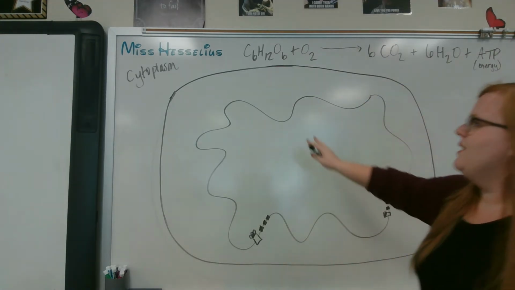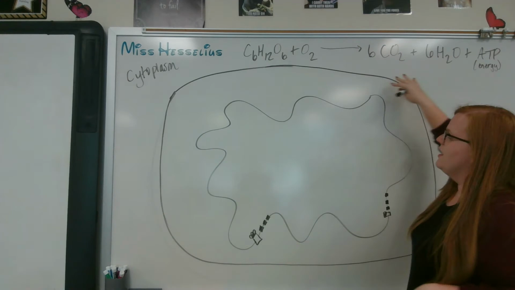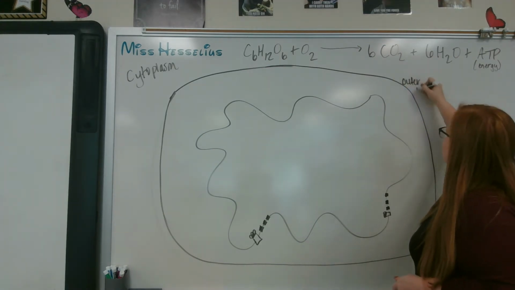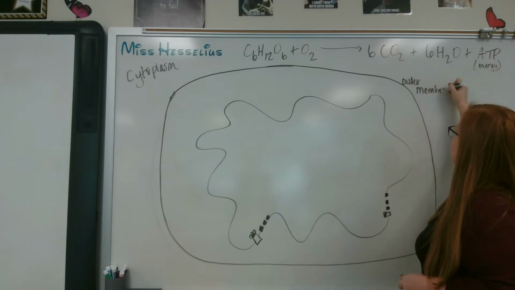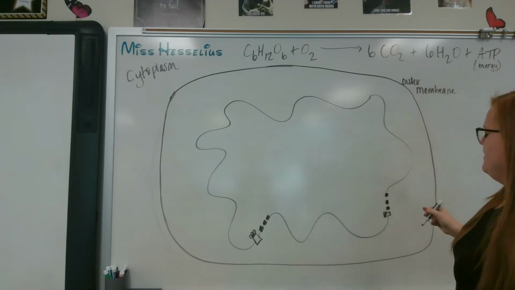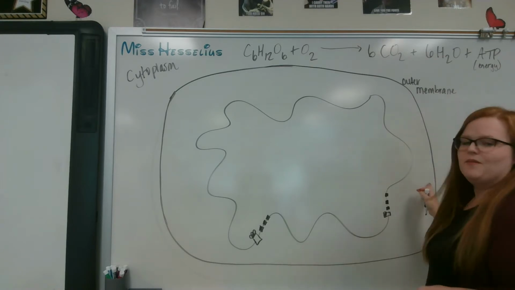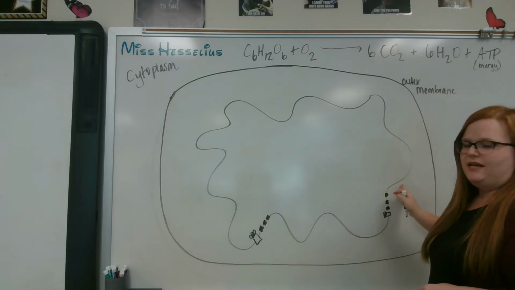So in a cell, you have cytoplasm, and then you have the outer membrane of your mitochondria. Then you have the inner membrane space, the space between the outer membrane and the cristae, or inner membrane.